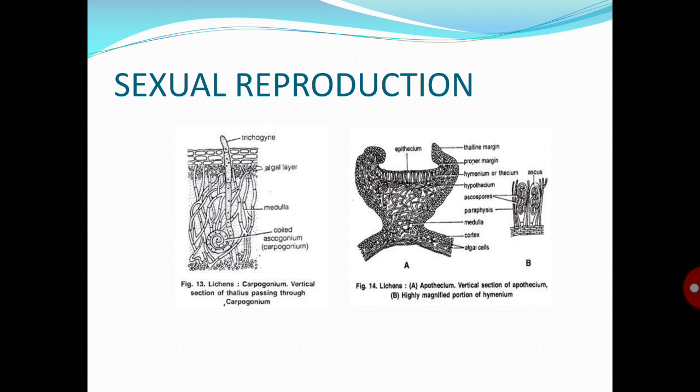Meanwhile, ascogenous hyphae develop. These ascogenous hyphae show apical ascus cells. The male and female nuclei in the ascus undergo fusion and form diploid nuclei. As these changes happen around the sex organs, normal hyphae form a fruiting body called the apothecium.